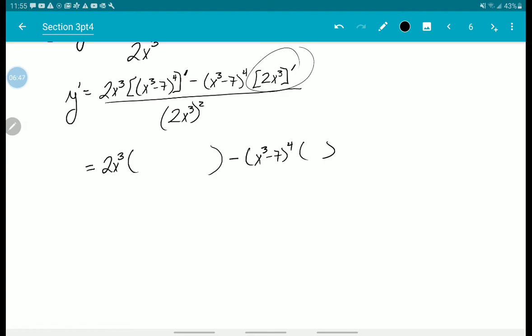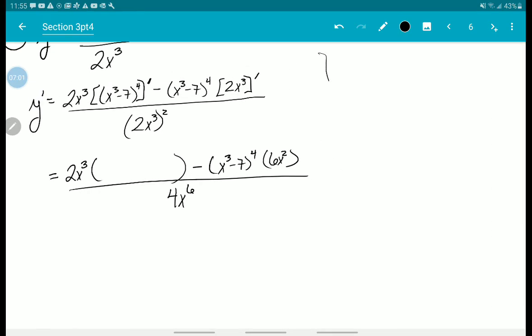And the derivative of 2x cubed is 6x squared. And then if we look at the denominator, (2x to the third) squared is going to be 4x to the sixth. Okay, off to the side, I need to find the derivative of (x cubed minus 7) raised to the fourth power.